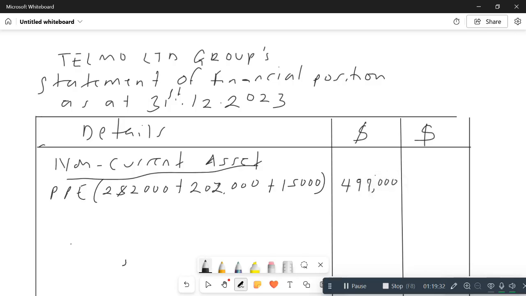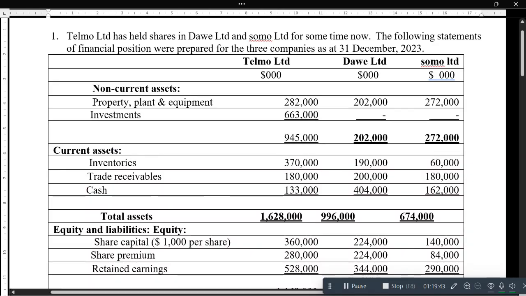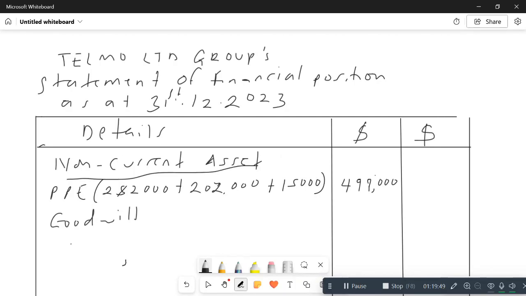Good. We calculated goodwill. If you remember, that was a working. When we check here, goodwill is not under our non-current asset there, but as a result of consolidating and our working, we determine the goodwill. You bring it at this point, which was 35,000. Then there is step 8.